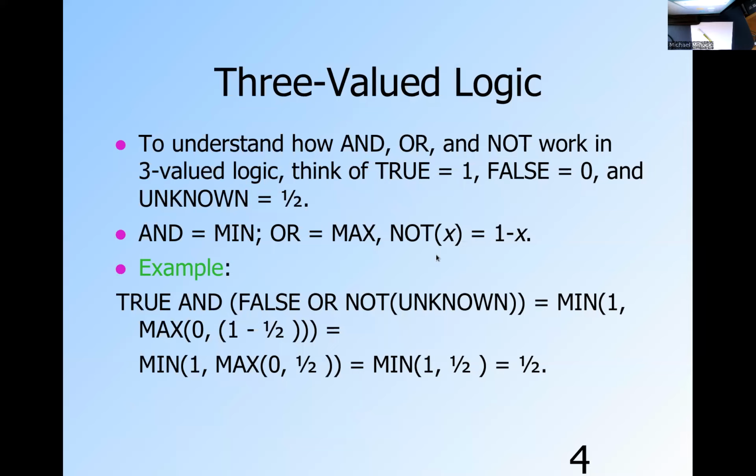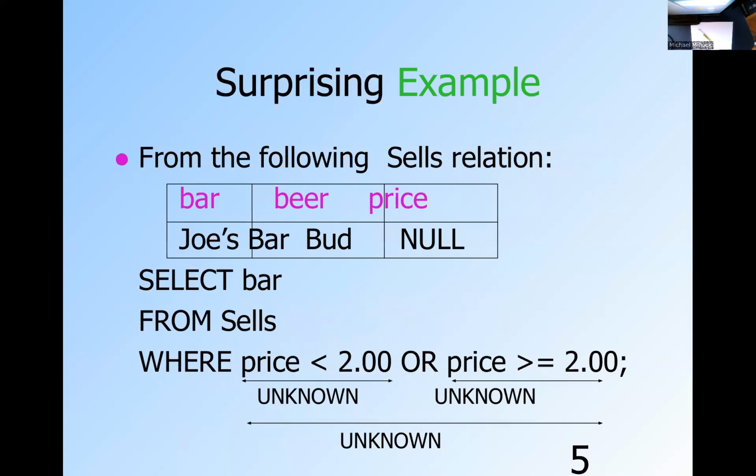And remember, only conditions that are true, not false and unknown, actually trigger a print on the select. Those are the only things that decide that this particular tuple is going to be part of the answer, and it's going to have the select clause evaluated over it.